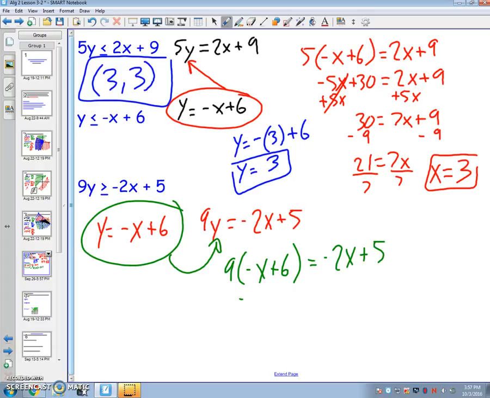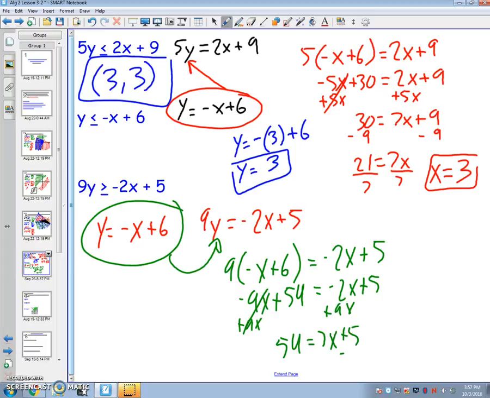Distribute. Negative 9x plus 54 is negative 2x plus 5. Add 9x to both sides. 54 equals 7x plus 5. Subtract 5 both sides. 49 equals 7x, divided by 7. X equals 7. There's my x.